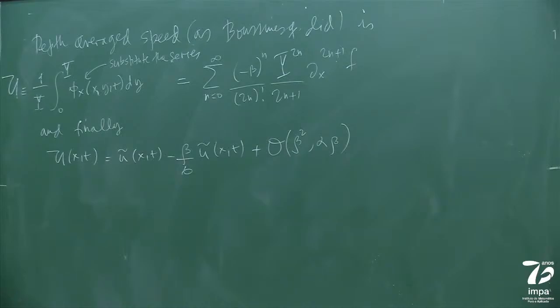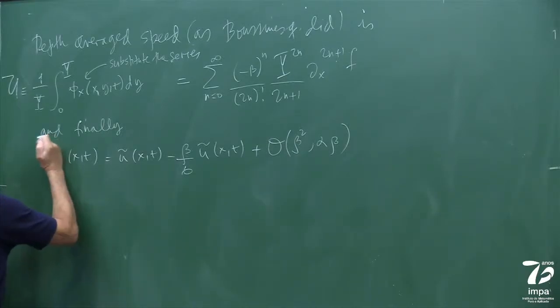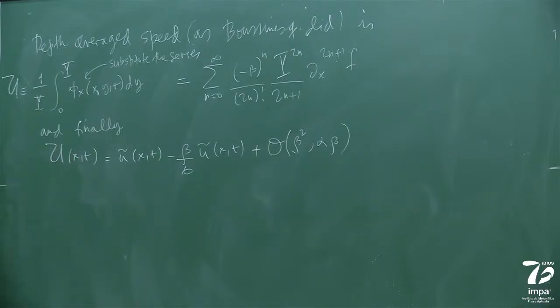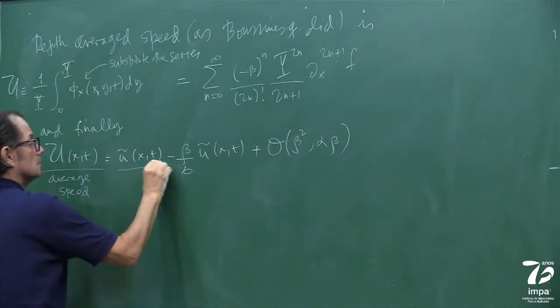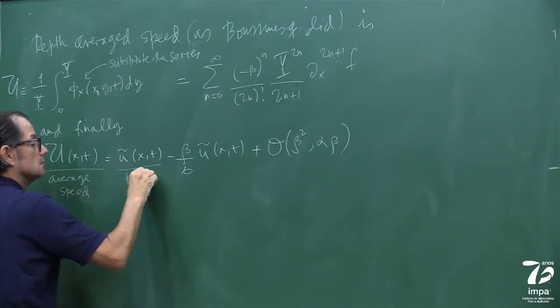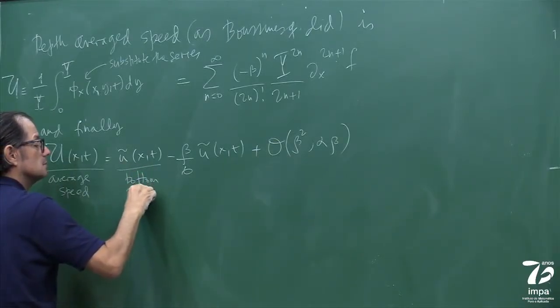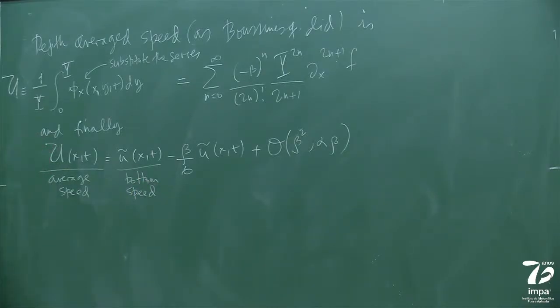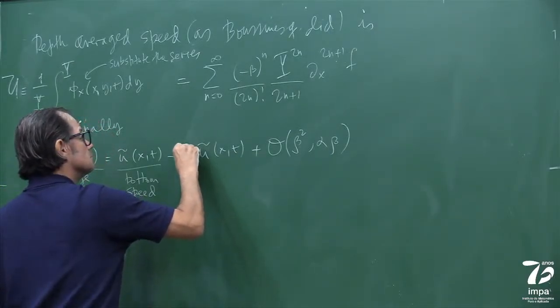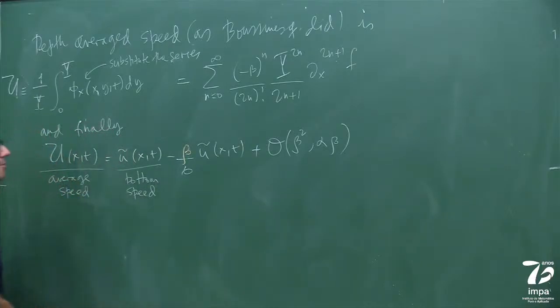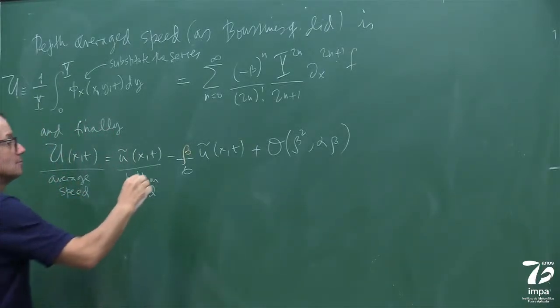Why? Because now we have, see, this is capital U. Let me make it more exaggerated. So what I have now is the average speed, and this is the bottom speed, and they differ by an order beta term.